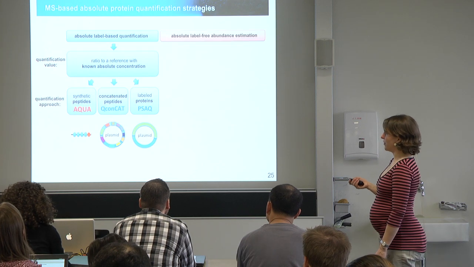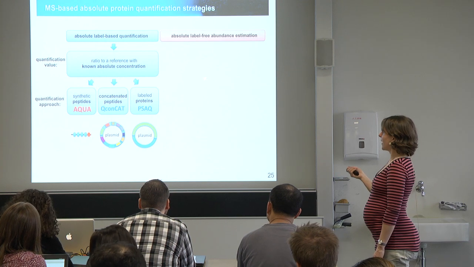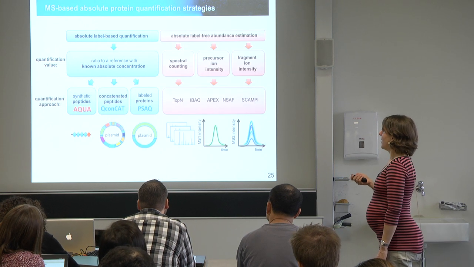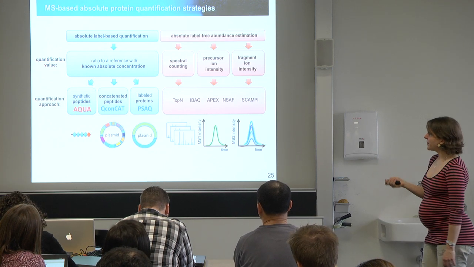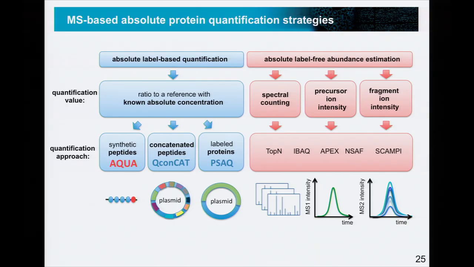Now, very briefly, I want to mention that there is also an alternative way of doing absolute quantification, not with isotope labeling, but label-free. In the literature, you find papers that describe this absolute label-free quantification based on all 3 different types of quantification units that we have in proteomics. There are papers that use spectral counting from shotgun data, or precursor ion intensities from shotgun data, or fragment ion intensities from targeted data.